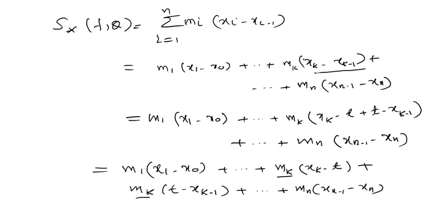So first we will see right here c1, because c1 is the infimum of f over the interval xk minus 1 to t, and c2 is the infimum of the function f of x over the interval t to xk. So mk is less or equal to c1 as well as c2.